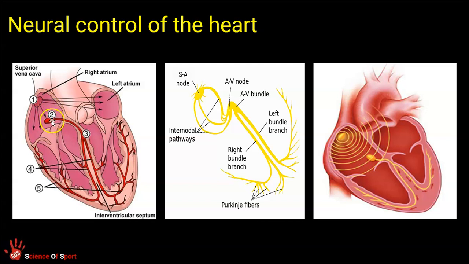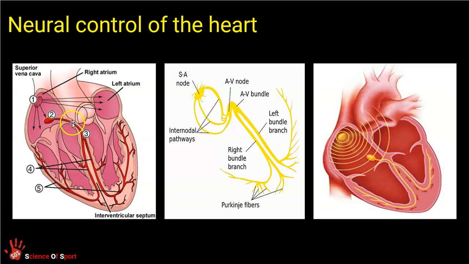Then we've got this second blob, if you like. This is the AV node, the atrioventricular node. So we've got an SA node and then an AV node. And the AV node almost makes sense because it's more or less between the atria and the ventricles, a bit like these valves are atrioventricular valves. This is the AV node. And a node is a clump of very specialized cardiac cells. So SA node, AV node.